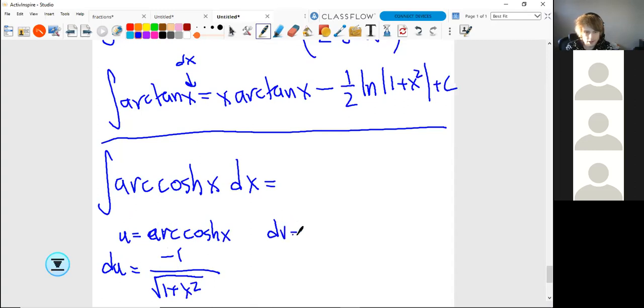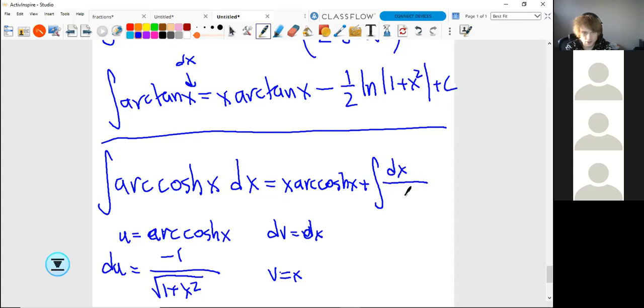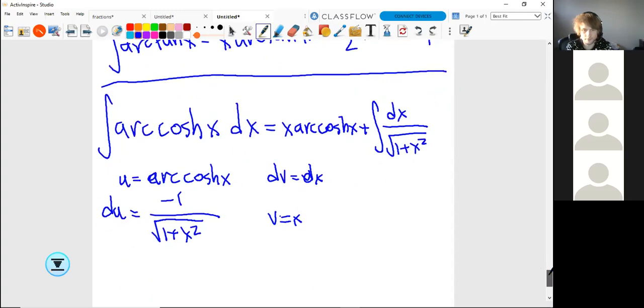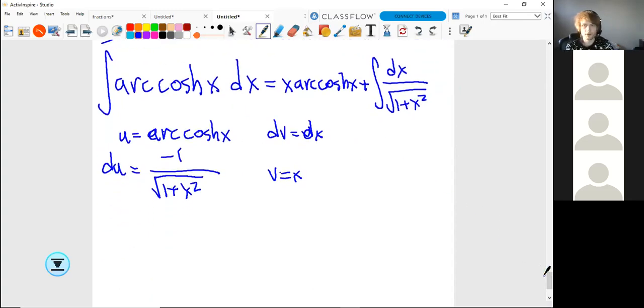And if dv is equal to dx, then v is equal to x. So we get here x arc hyperbolic cosine of x minus the integral, but here we're going to turn this into a plus sign because we have a minus sign here, dx over the square root of 1 plus x squared, times x in the numerator.